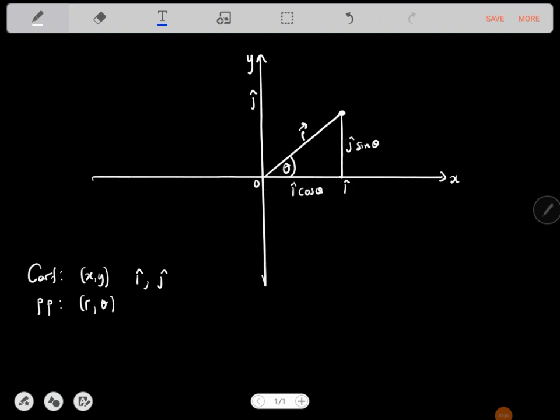This is my unit vector J hat, and this is my unit vector I hat. That means I'm also going to have some form of a unit vector R hat. And in terms of R hat, J hat, and I hat, what will be my coordinate here?